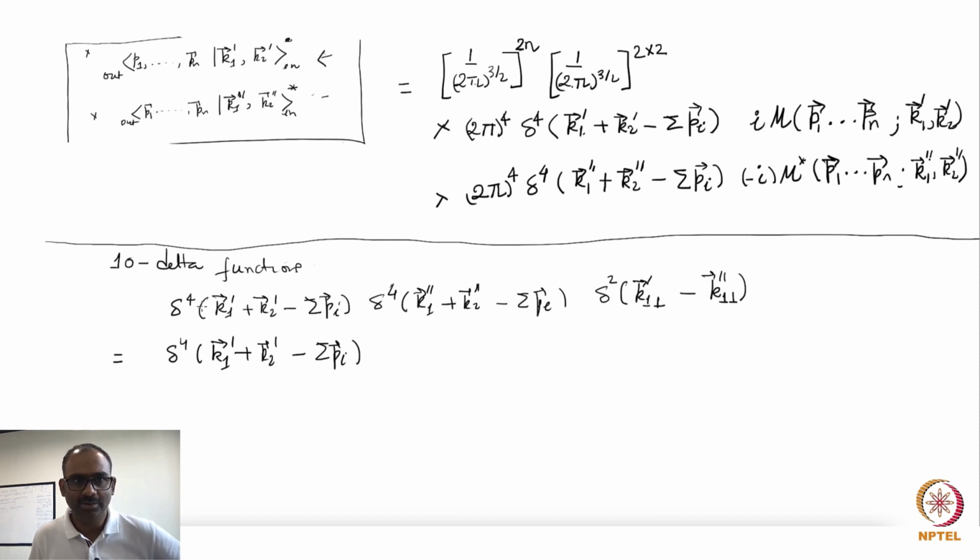Otherwise this entire expression is 0, and because it clicks only for that value, I can make the replacement.